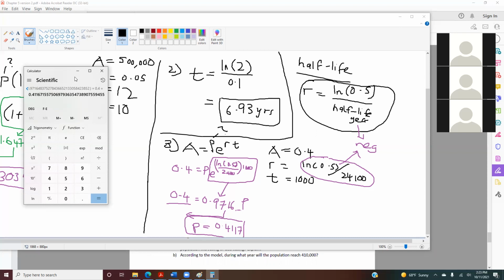Make sure you put e to the power of something. Ln of 0.5 divided by 24100 times 1000. No, this is correct.